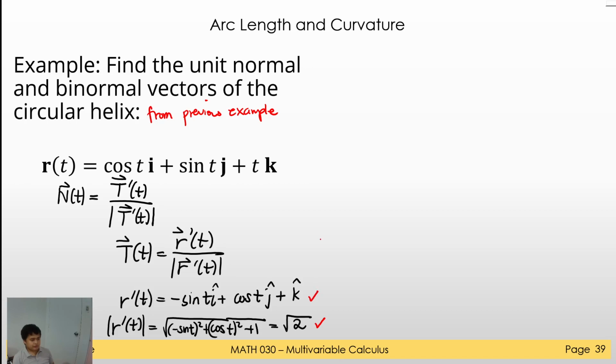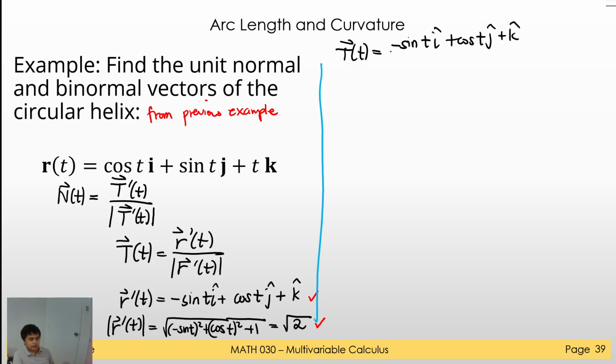So the unit tangent vector will be equal to negative sine t i hat plus cosine t j hat plus k hat, all over square root of 2.